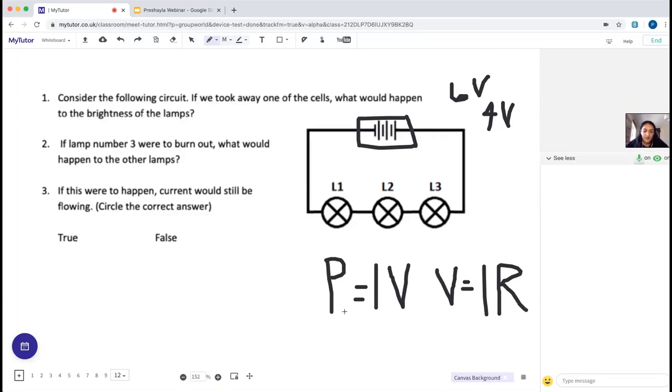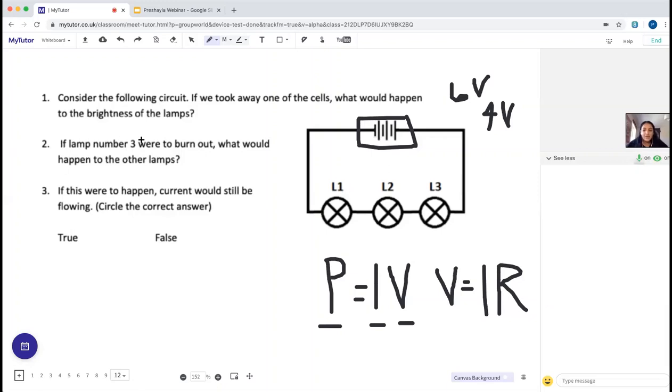So power, not potential difference, power equals I times V. P is power, I is current, and V is voltage, or potential difference. Sometimes we need to talk about power, so it's important to remember both equations, and they should be on your equation sheet, so don't worry too much. So you're absolutely right, the brightness of the lamps would dim.